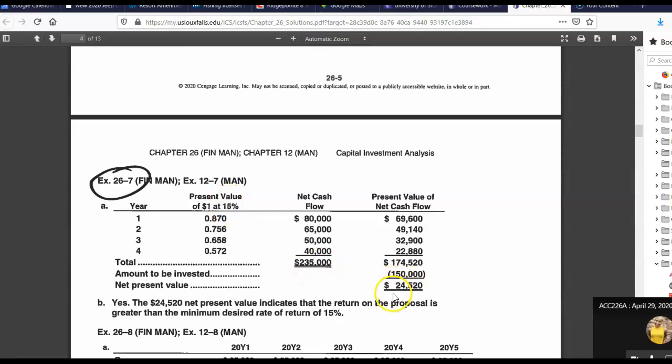If it's greater than zero, it means we have earned 15% and more. If this is a negative number, it would mean that our hurdle of 15% was not met. We were earning something less than 15%.